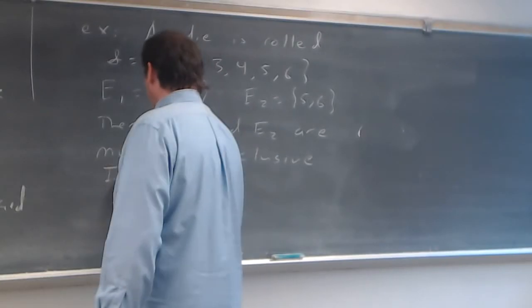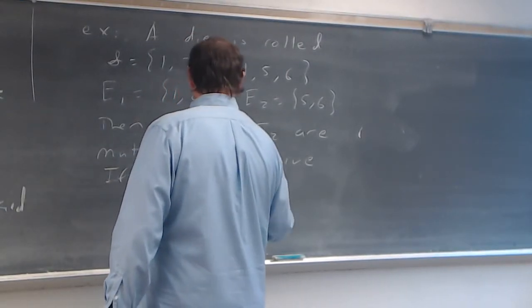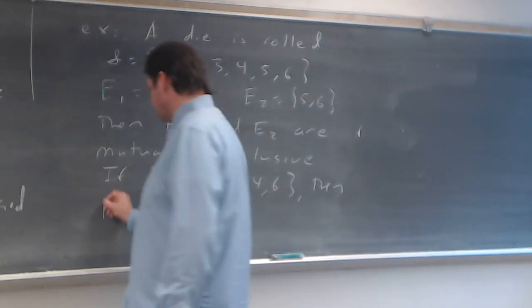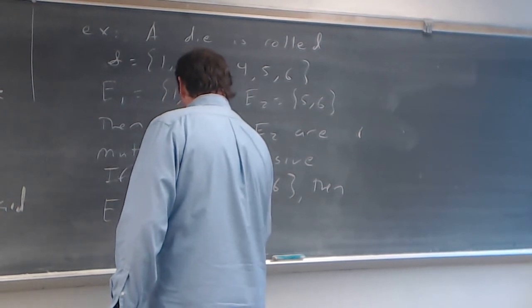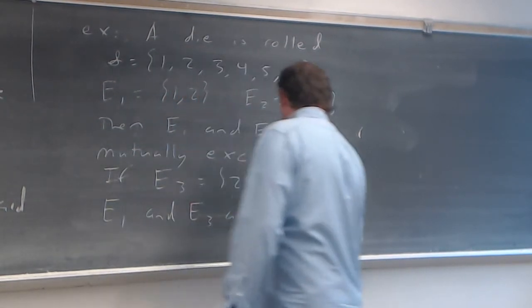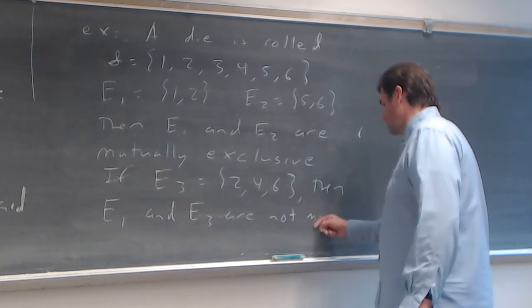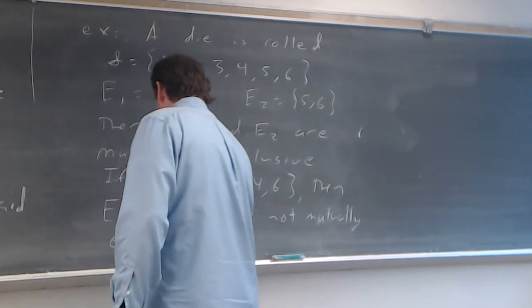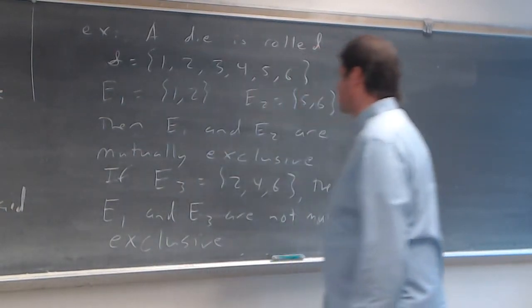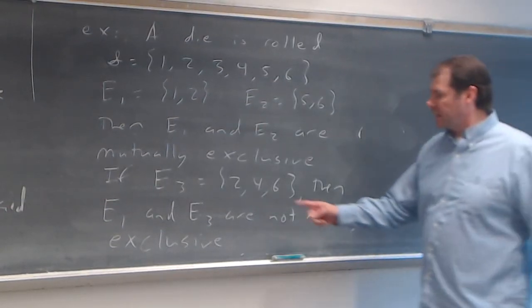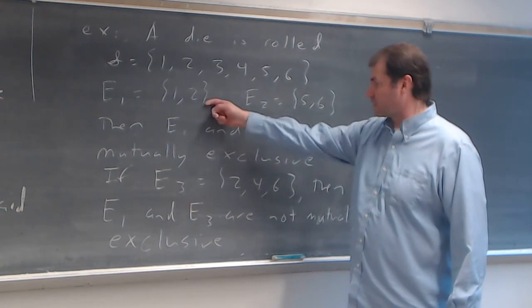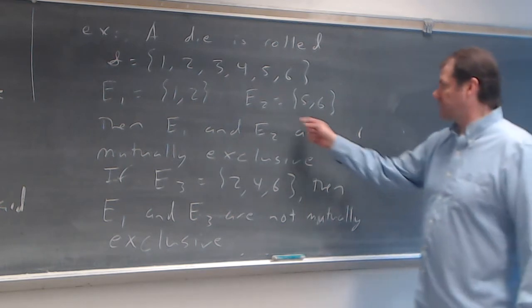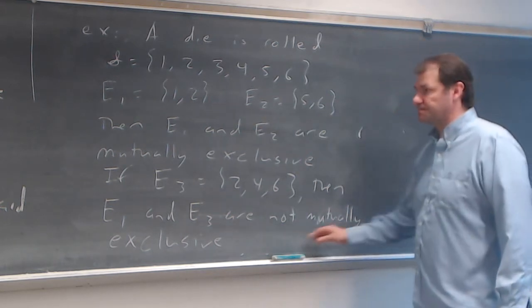If we define E3 to be the event of 2, 4, or 6, then E1 and E3 are not mutually exclusive. Okay, and the reason that E1 and E3 are not mutually exclusive is because their intersection, what they have in common, is 2. And so it's not the empty set. But E1 and E2 are mutually exclusive as they have nothing in common.